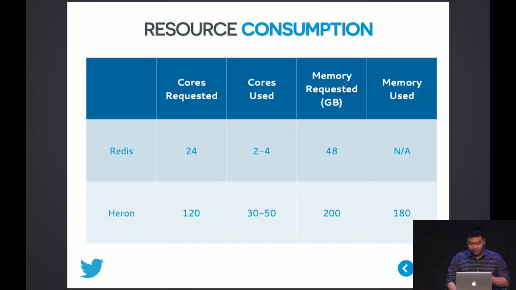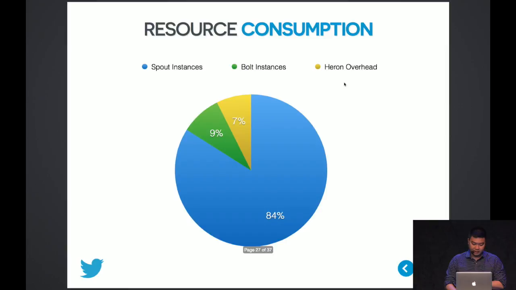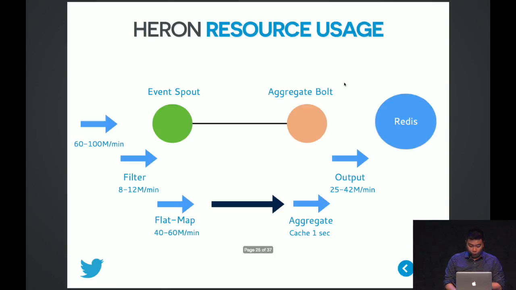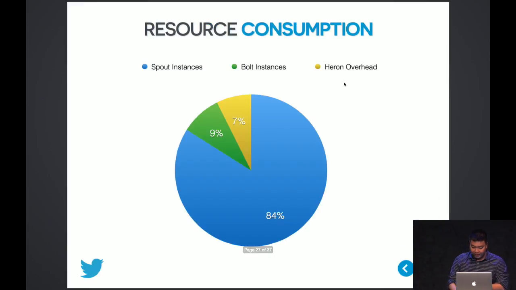And let's have a deeper look at the resource consumption. We spend 84% of the time in the spout because it includes reading data, filtering, and flat map. And we spend nearly 9% of the resources on the bolt instance.